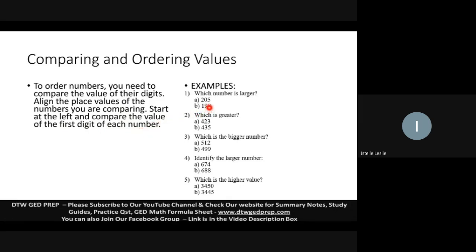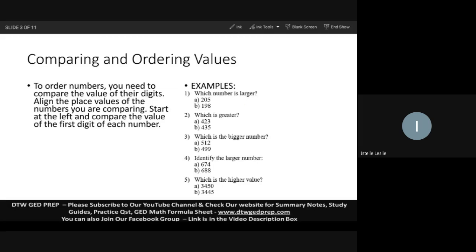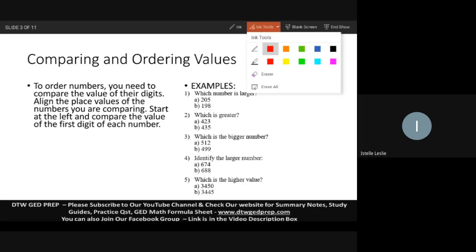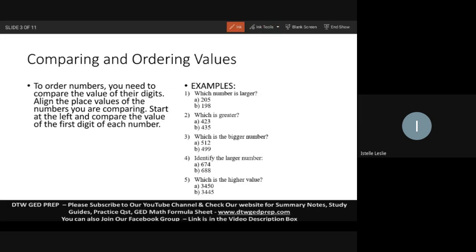The first example says, which number is larger? So they want us to pick the biggest number. We pick both numbers and align them. So we have the place value for the ones, the tens, the hundreds. The ones will be 5, 8. The tens will be 0, 9.